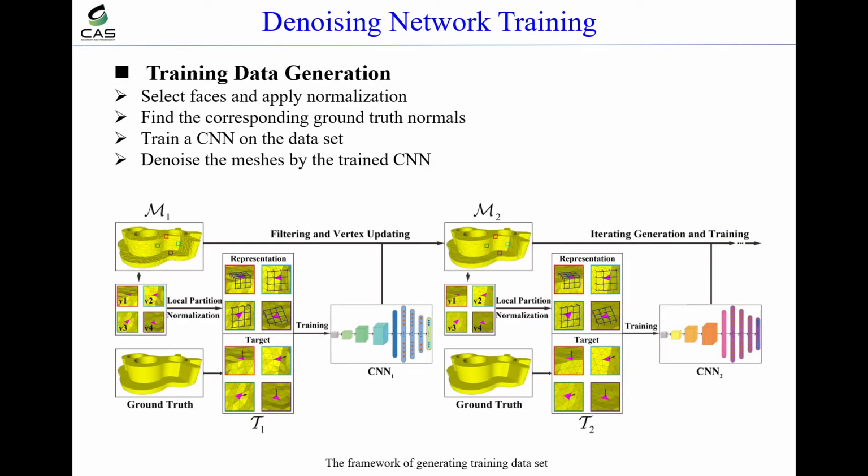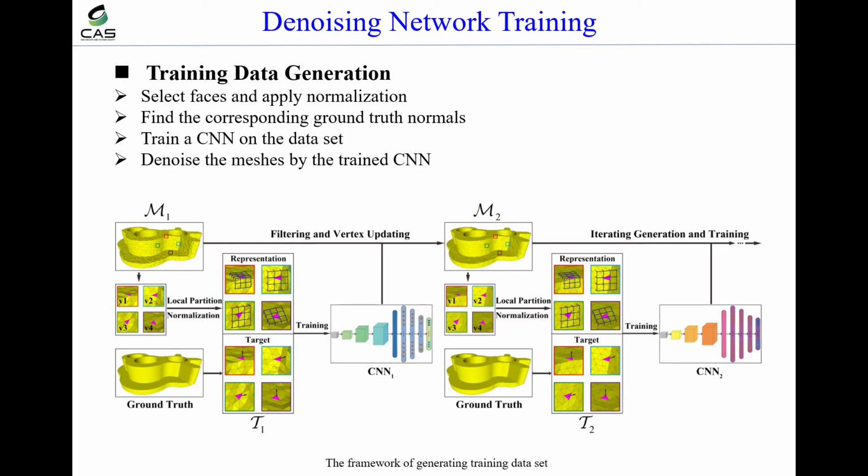Since the mesh structure changes after each iteration, we propose to use a different network for each iteration. To generate the training dataset of each network, we propose an iterative framework. Given a set of noisy meshes and their corresponding ground truths, first, we select faces and apply the normalization strategy on them.